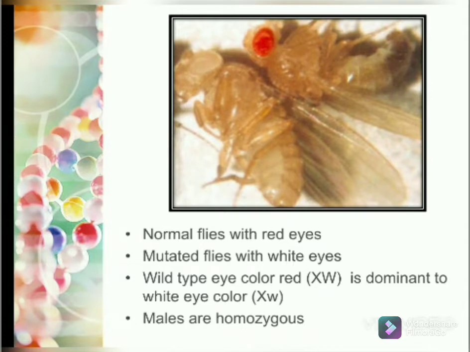This trait was determined to be X-linked and was the first X-linked trait to be identified. Males are said to be hemizygous, in that they have only one allele for any X-linked characteristic. So, what does Gregor Mendel have to do with the chromosomal theory of inheritance?